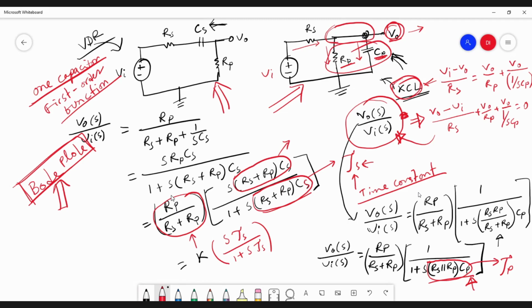The transfer function, Vout by Vin, is always the same. You can analyze in detail with your notebook and pen. If I do it, I will show you tomorrow, inshallah. Okay, no problem.